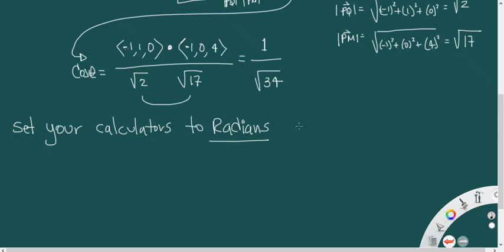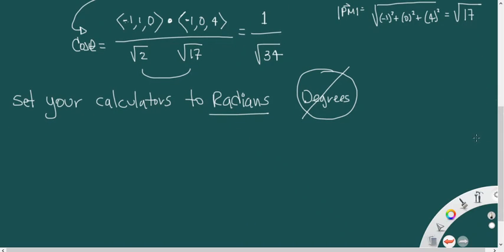Degrees are not allowed in this subject. If your physics professor or someone asks you to use degrees, you can switch your calculator to degrees, but for this subject, we are going to work with radians. So get used to calculating your angles based on radians.